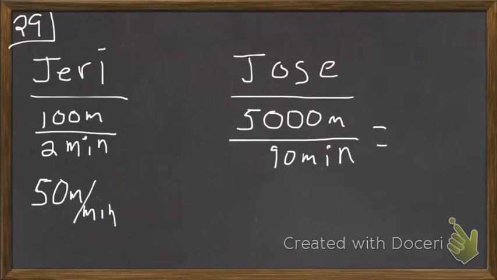Yeah, 5K, 90 minutes. So she's going at 55.6, and that's meters per minute. Okay, at that rate, Josie doesn't have to worry about keeping up with Jerry.